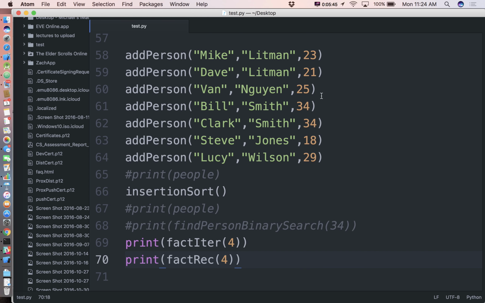Merge sort works on the premise of having multiple partially sorted lists and then merging those lists together.